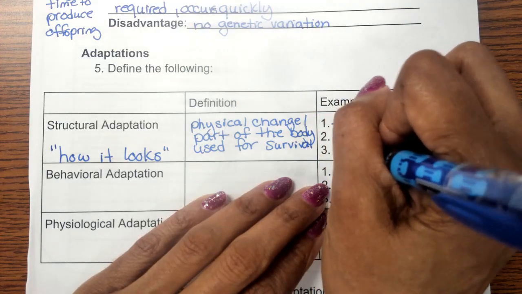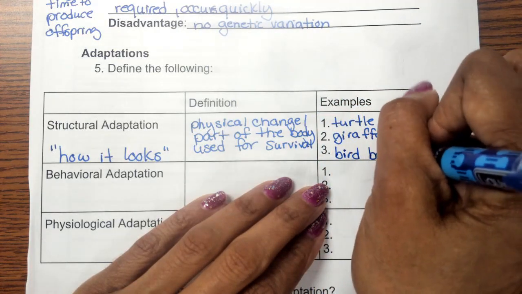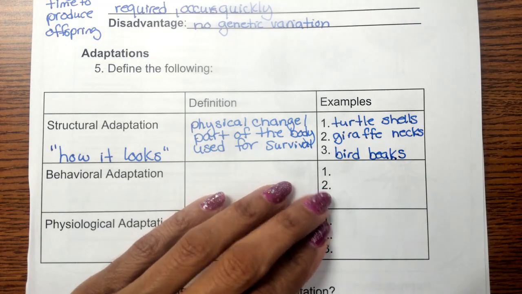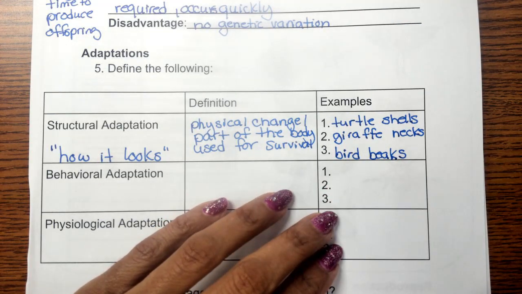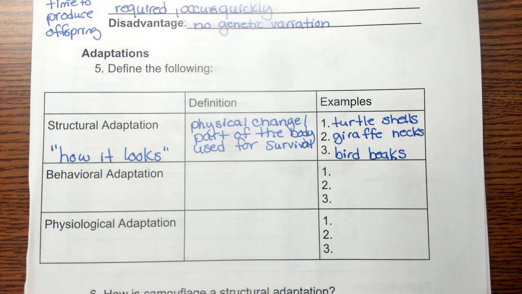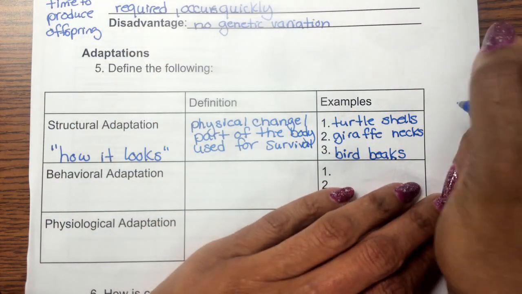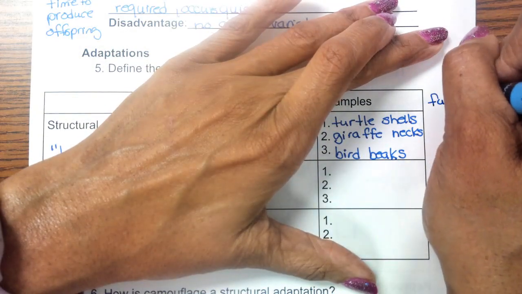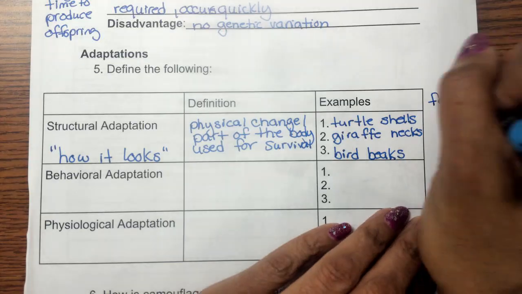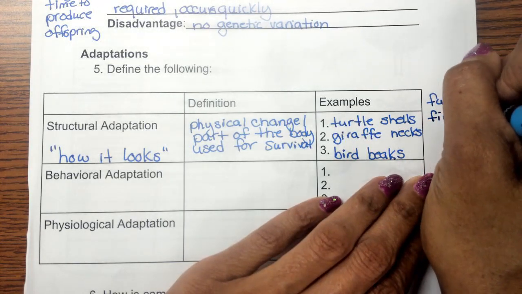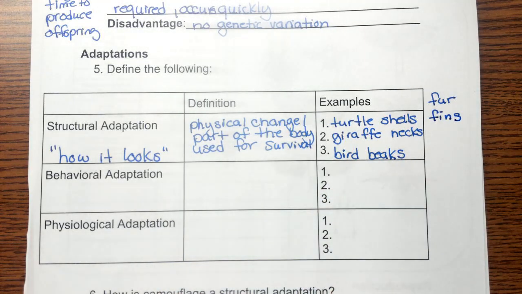Bird beaks. So if a bird eats nuts, it's going to have a strong, thick beak that it can use to crush the nuts open. Whereas if it's a bird that eats insects, it's going to have a long, skinny beak so it can drill into the trees to obtain the bugs out of the tree. Okay. Some other structural adaptations we talked about were fur, fins, like sharks have.